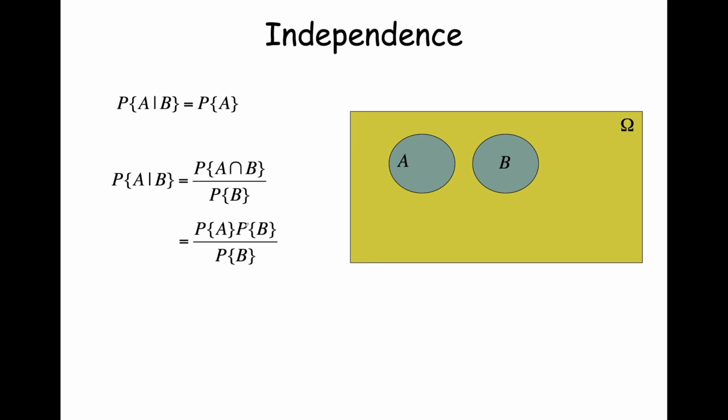So we take this product and we notice that in the numerator we have probability of B, and in the denominator we have probability of B. So those two cancel, leaving probability of A. And so this idea of independence means that conditioning or knowing information about one does not tell you anything about the other. You depict that or visualize it in the Venn diagram as being non-overlapping.